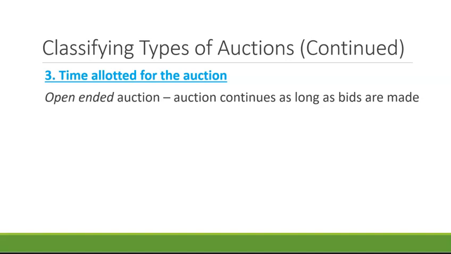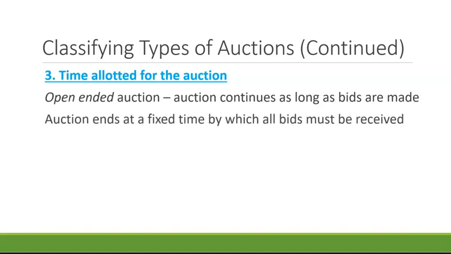But there are plenty of examples in which the auction ends at a specified time, and all the bids have to be received before that time. So, for example, a sealed bid auction is an auction like that. All the bids have to be received by a certain date, a certain time, and the bids are then compared and a decision is reached as to who has won.